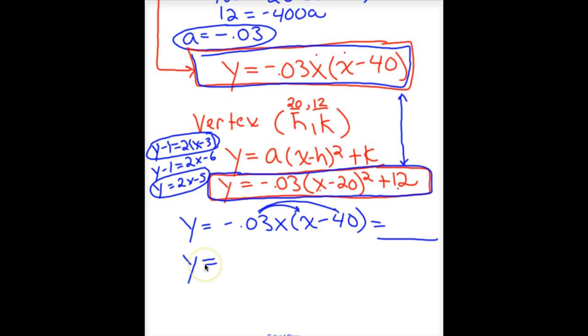And then take your second form and prove that it equals the same expression. If you're wondering how you would do that, you'd have to FOIL this, distribute the 0.03 in, and then add 12 on. And if you do all that arithmetic and algebra correctly, you'll find that they are indeed equal.